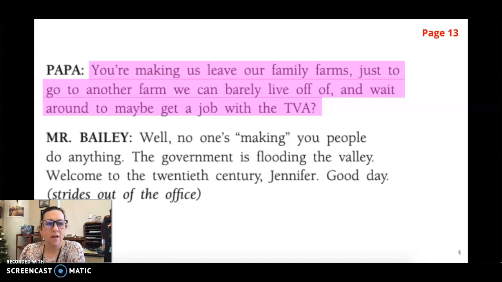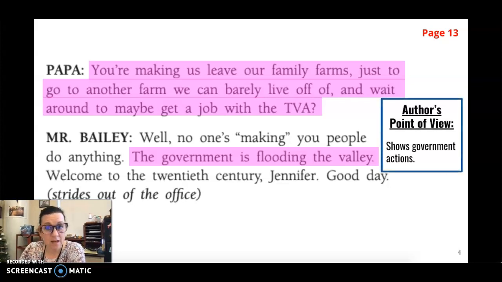Now you've got Mr. Bailey, and he's saying the government is flooding the valley. What is our author's point of view here? Yes, it shows government action. It's showing what the government is doing. So make sure you highlight those things and that you also write down the author's point of view on this page.